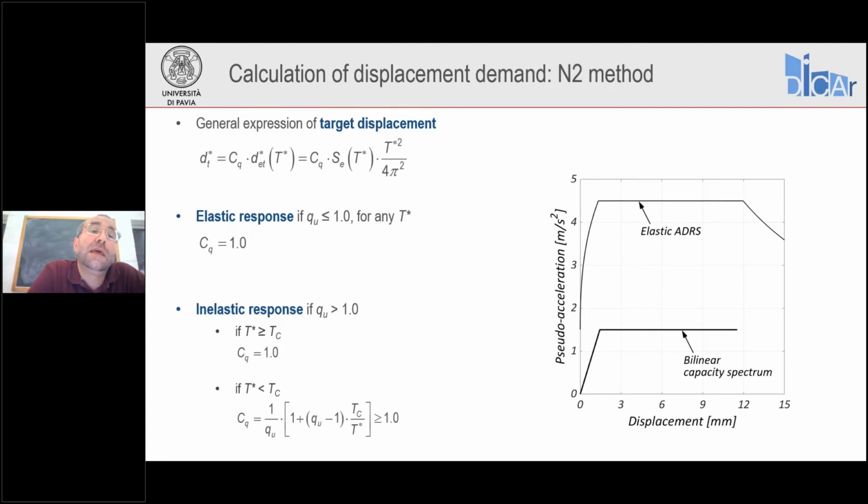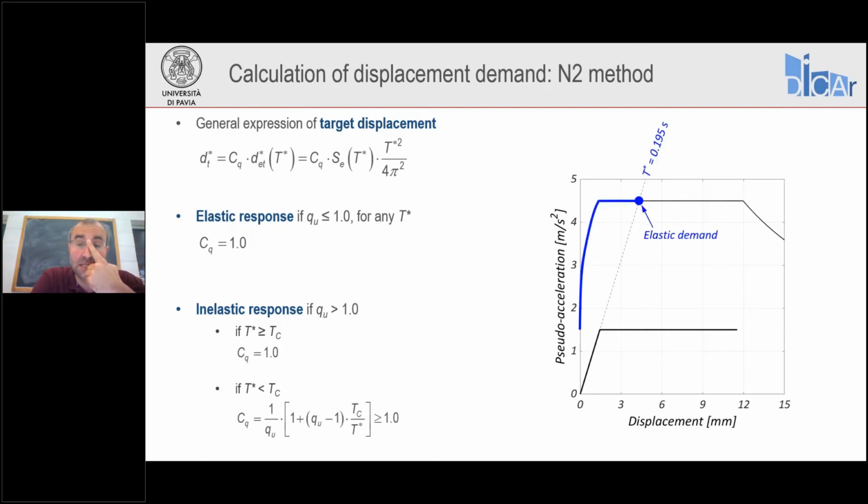We can keep the elastic displacement demand, and C sub q is equal to 1. While if we have a short period system, so if T star is less than Tc, only in this case, so for an inelastic system, Q greater than 1, in a short period system, T star less than Tc, then we amplify our displacement demand with a factor C sub q, which is greater than or at least equal to 1, using the equation here at the bottom of the slide.